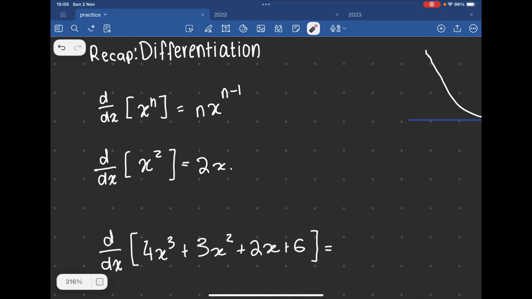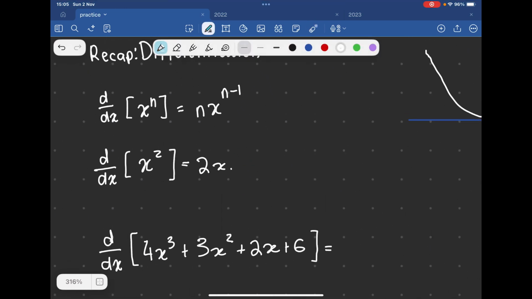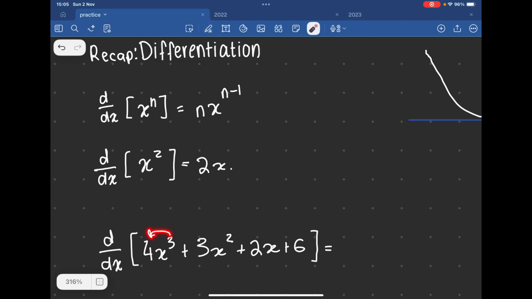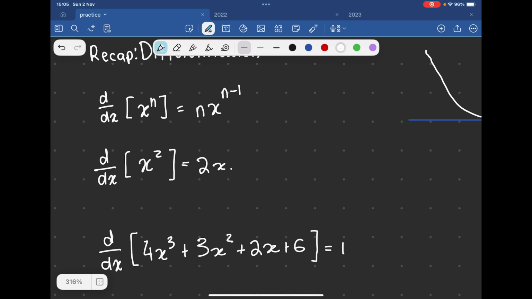So using the power rule again, let's do this question. So we have 4x^3 plus 3x^2 plus 2x plus 6. So we're going to multiply the 3 and the 4, and that's going to give us 12. And now we're going to take away 1 from the power, so it's going to be squared. And we're going to do the same thing.